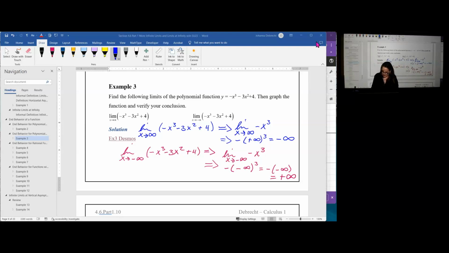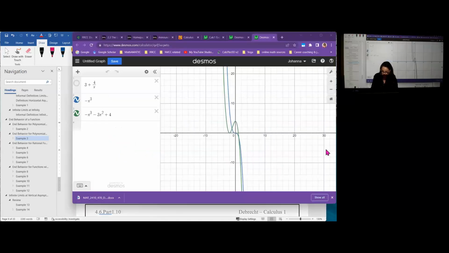Let's look at the graph and verify that that is indeed what happened. You can see here the graphs of the two functions. The highest degree term, negative x cubed, is in blue, and the actual function we're trying to find a limit for in green. Maybe I should change the color since blue and green aren't a good combination. Let's change this other one to red.